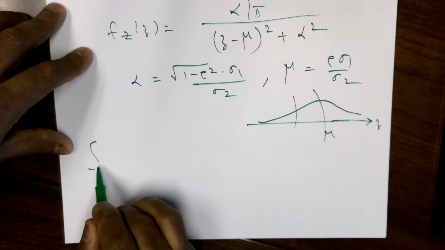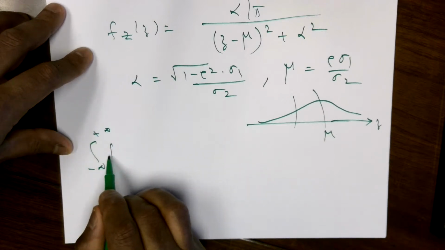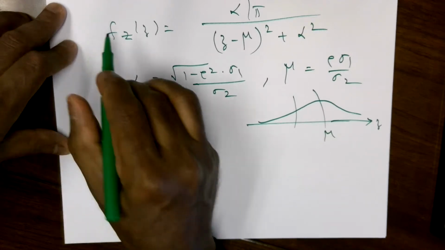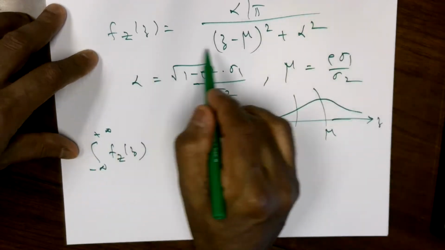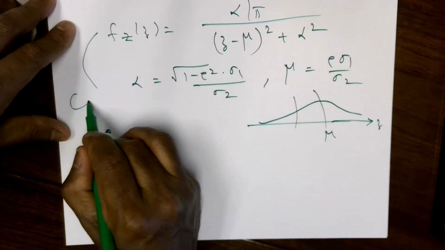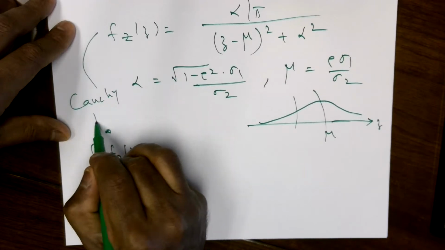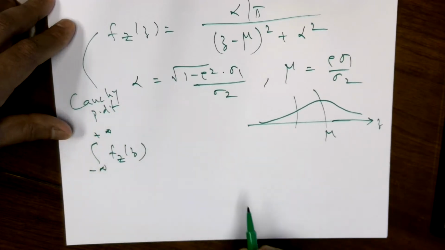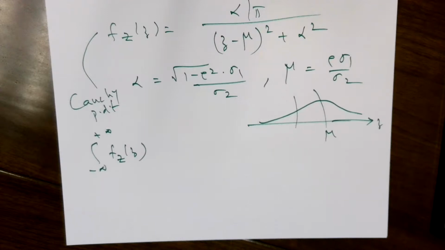So first of all, the area under this quantity, f_Z(z). So this is sort of the general Cauchy. So the moral of the story is the ratio of two jointly Gaussian random variables is Cauchy.